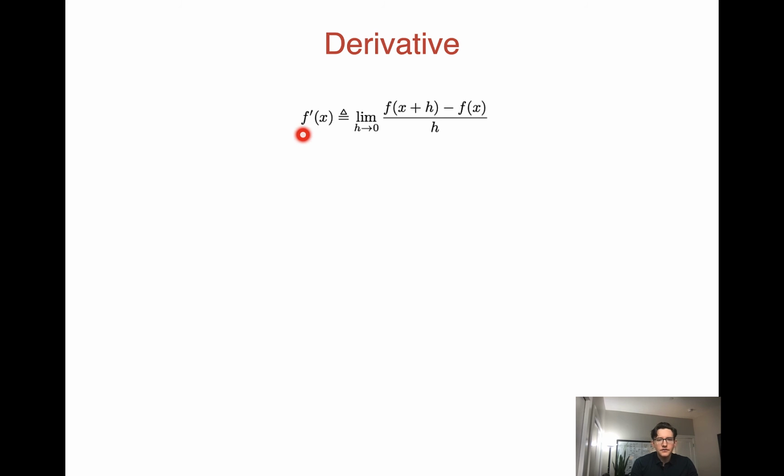So f is a function that takes in a scalar x and outputs a real value. f prime of x is its derivative. We also write it like this, df over dx, which is the following. Here's the formal definition. Informally, it's the slope of a function.